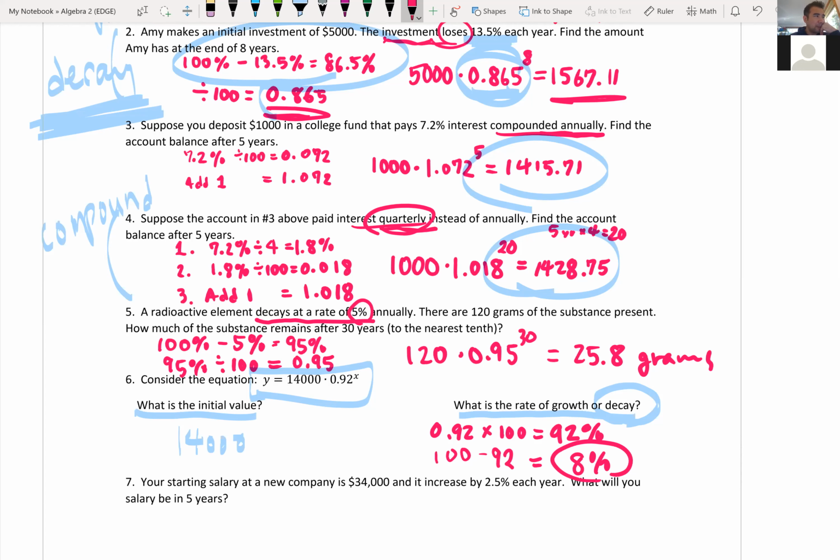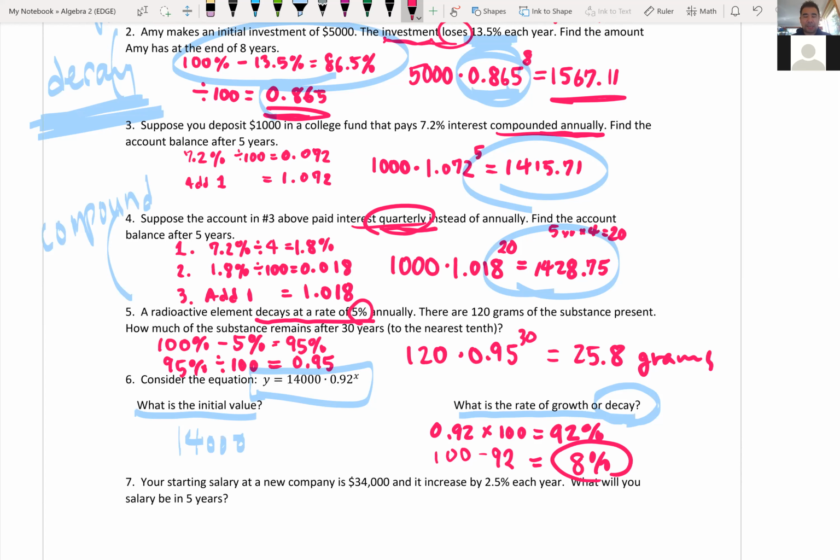Yeah. So this is 8% decay. What is the rate of decay? It's not 92%, but it is 8%, because 92% represents the retention.